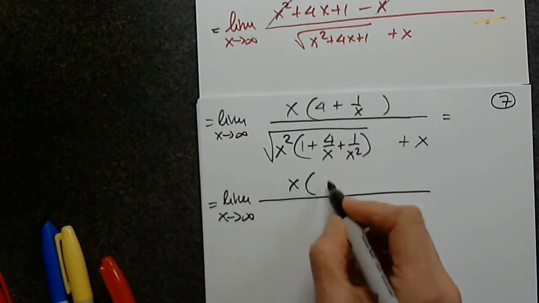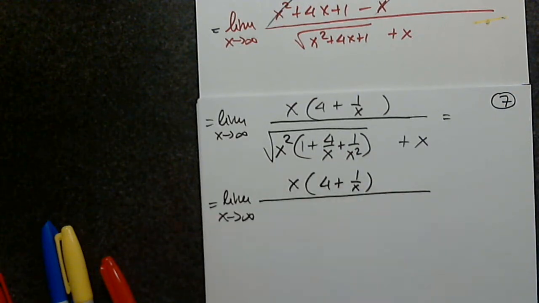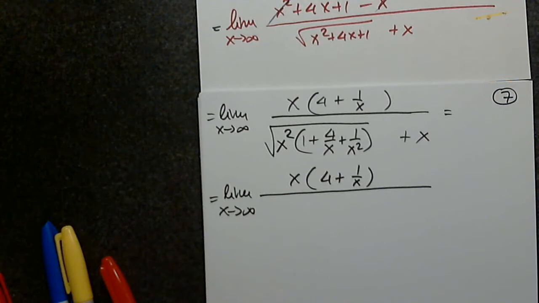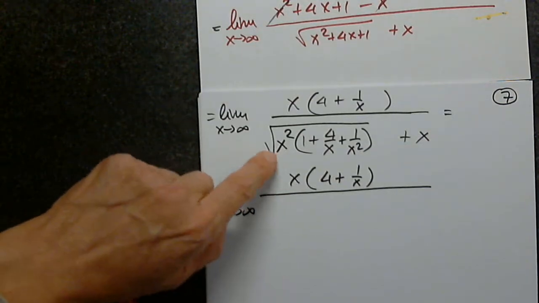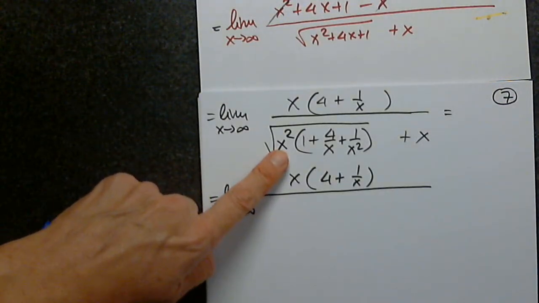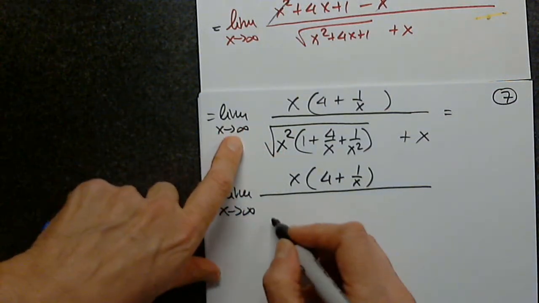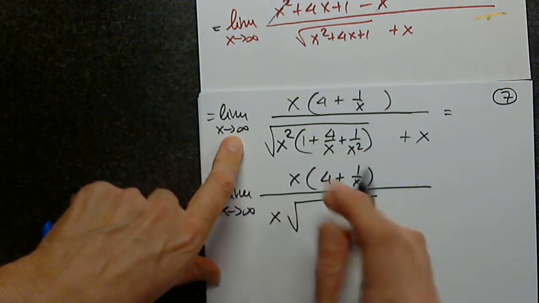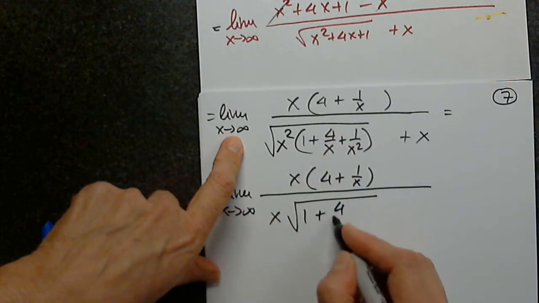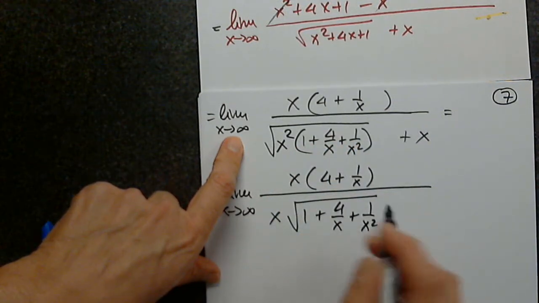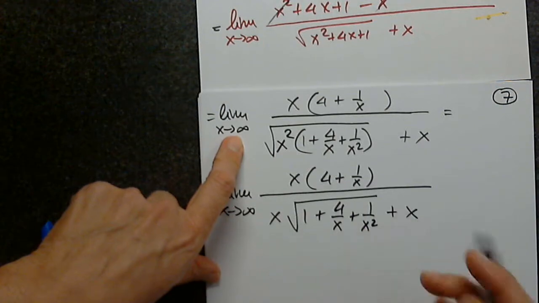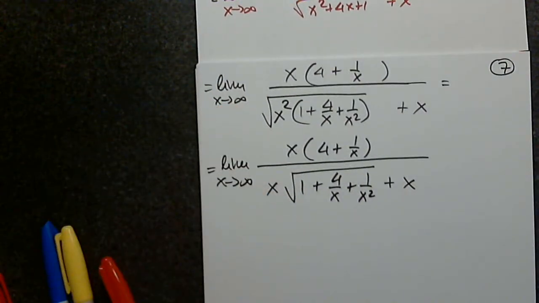The top has to stay. And now the denominator, I have to analyze, and I can skip a step, right? Because I have the square root of x squared, which is the absolute value, but since x approaches infinity, lucky me, just x. And the square root, which I cannot do anything to, ever, because it's a sum of terms, plus x. And now it's clear what I have to do.